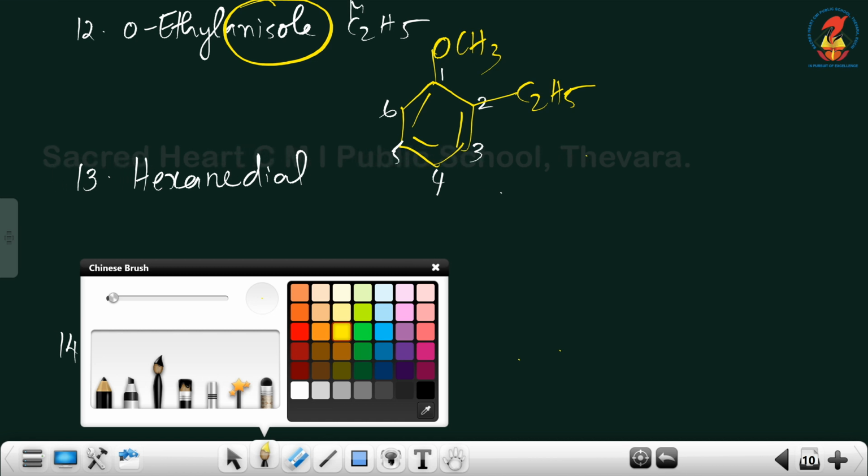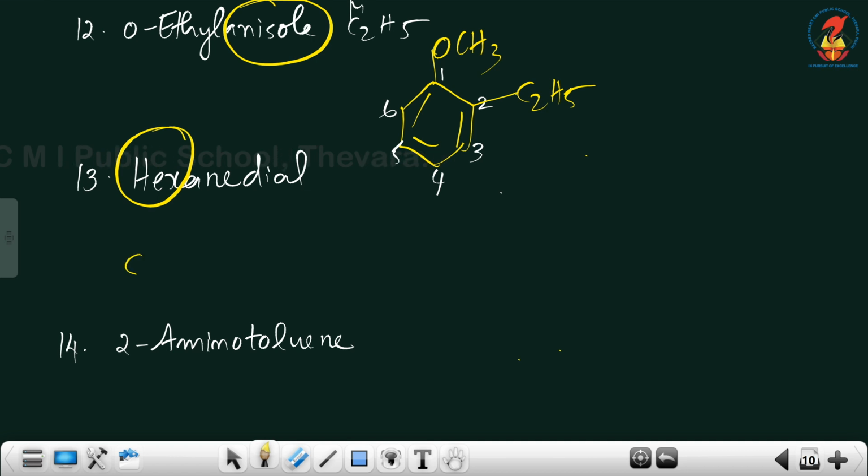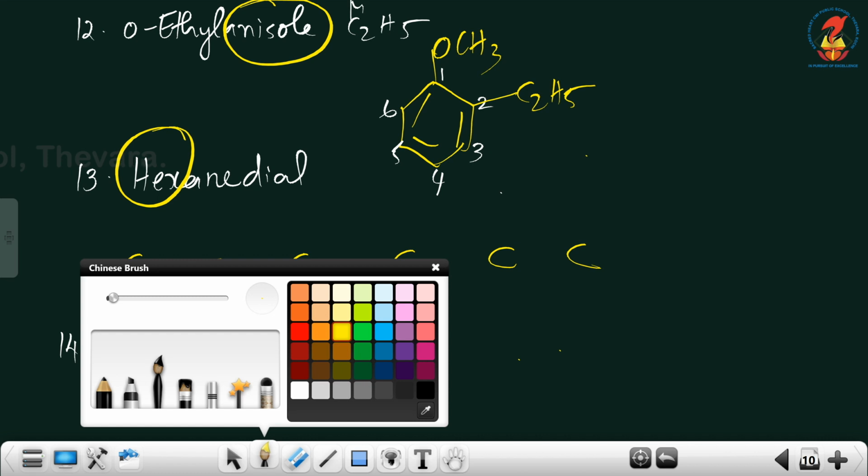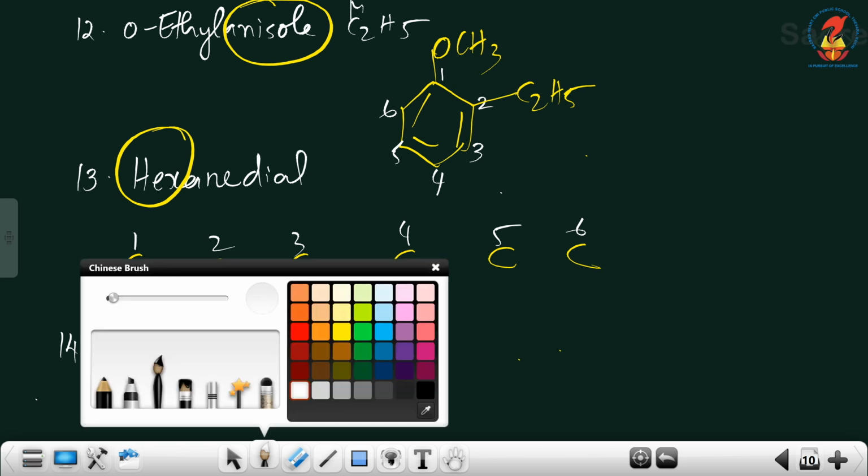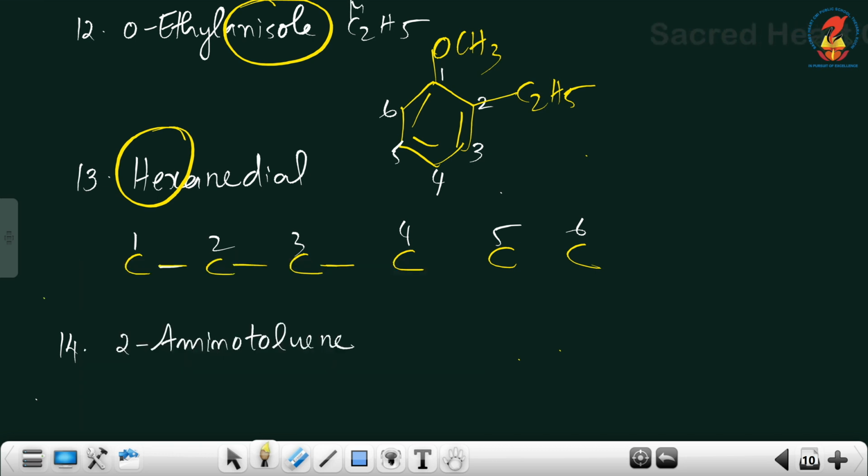Now the next one is hexanedial. So the word root is hex. So draw 6 carbon atoms. Give continuous numbers as 1, 2, 3, 4, 5, 6. Now write the suffixes first. Hexane. Ane means they all are singly bonded. Now dial. Dial means there are 2 aldehyde groups. Remember, an aldehyde group means CHO.